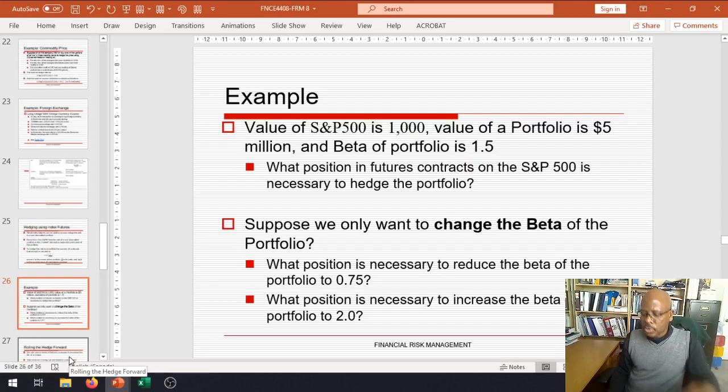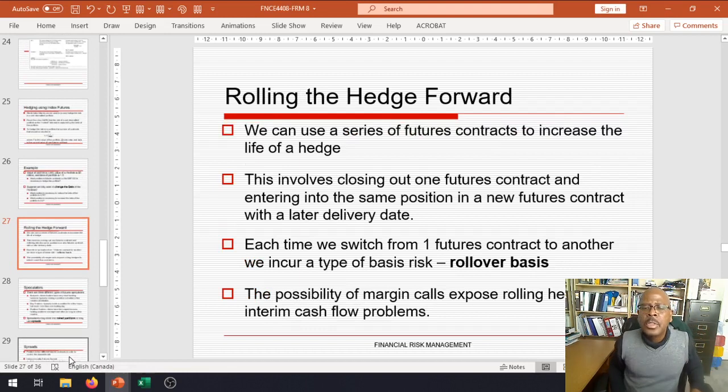The next thing we want to speak about is rolling the hedge forward. When it comes to hedging, one thing you take into account is that you always want to have your hedge in place when your spot position matures.